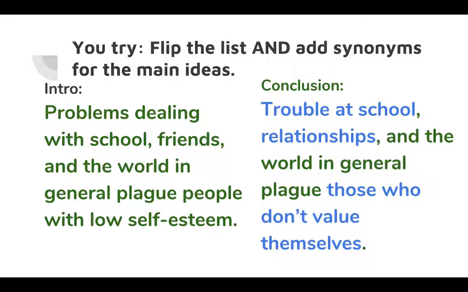So there's one example of a conclusion that not only flips the list, but replaces some of the words with synonyms. You can read it yourself, compare them to each other, and see how much better it sounds.